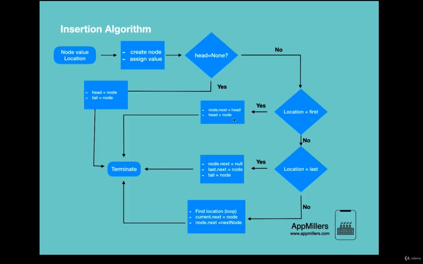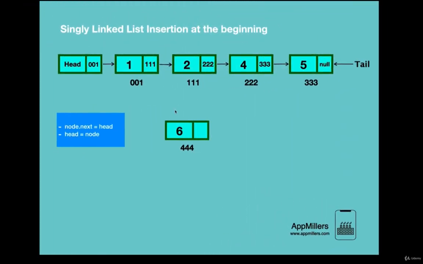Let's see how this is working in a real example. Here we have a sample single linked list like this, and we want to insert this node over here at the beginning of this list. So I took the part from the algorithm which is implementing this process. Here the first thing that we are doing is we are setting this node's next reference to head.